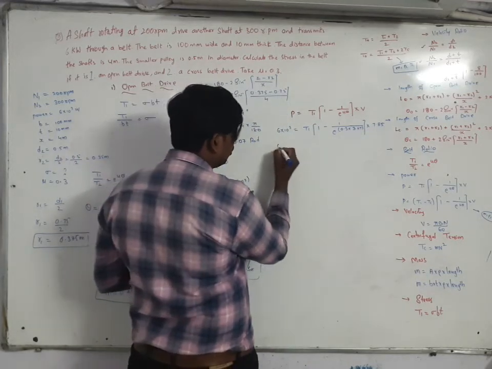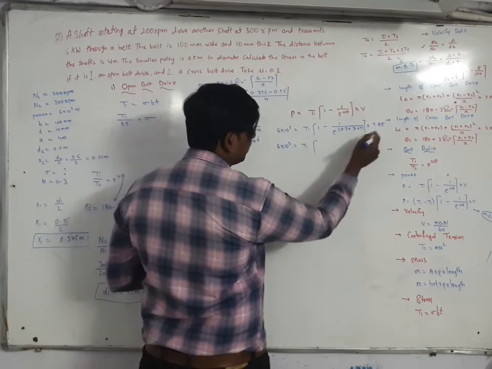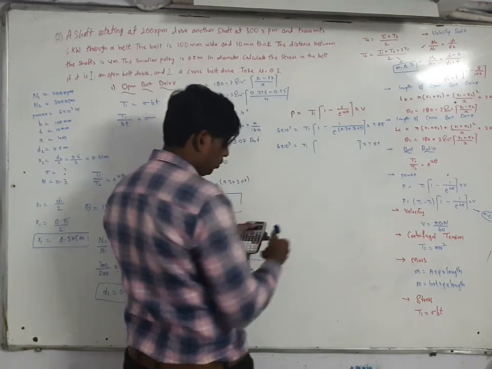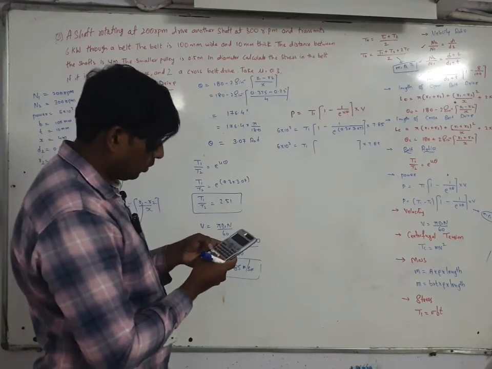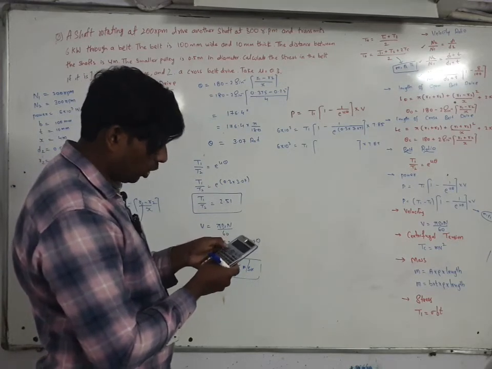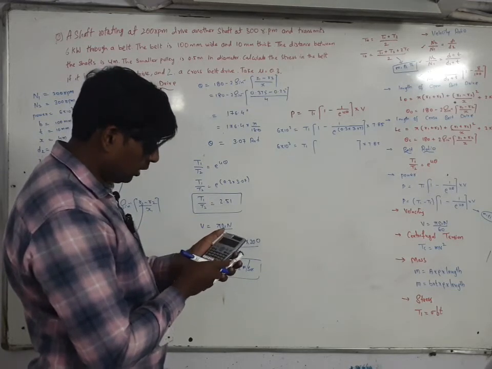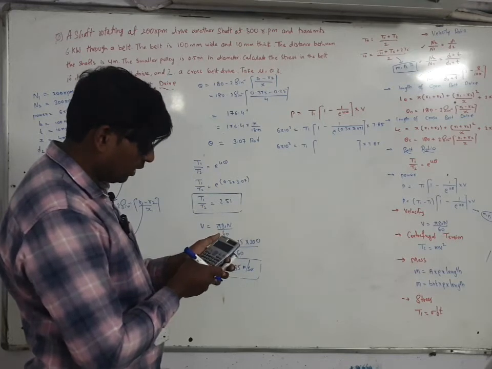So what you have to do: 60 into 10 to the power of 3, let it be like that only. First simplify this value, then multiply with 7.85. So here you will get 1 minus 1 by e to the power of, open the bracket, 0.3 into 3.07.